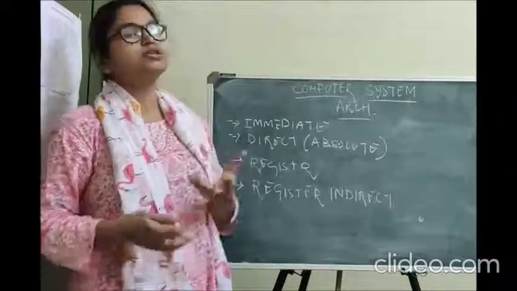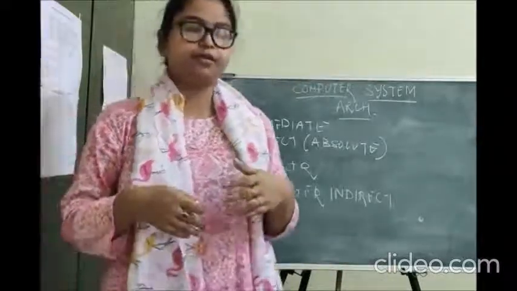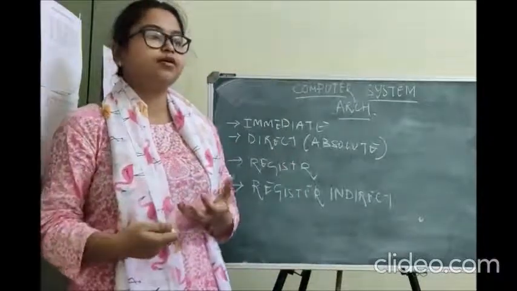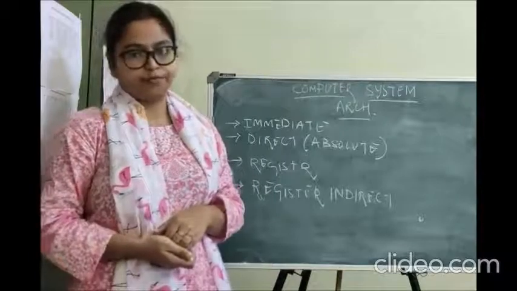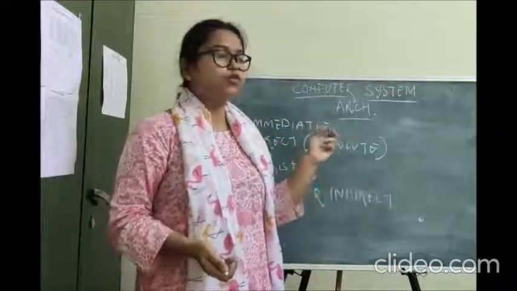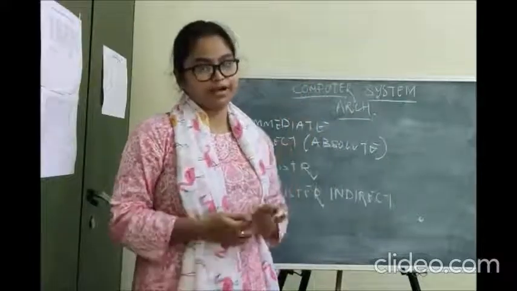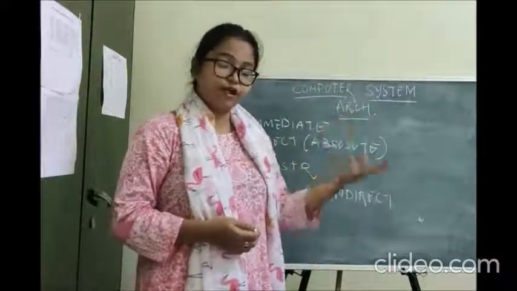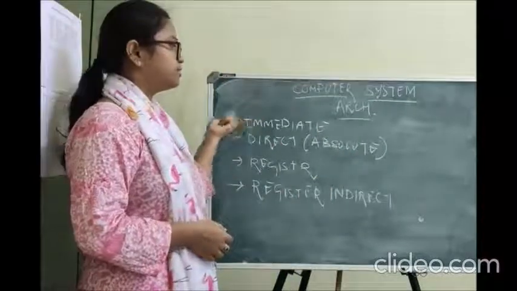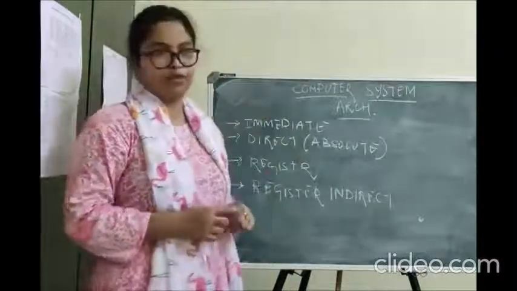The aim of addressing modes is to specify where to get the operands from. It is a means for the ALU to know from where to fetch the operands. So the addressing modes tell us how to get the operand.